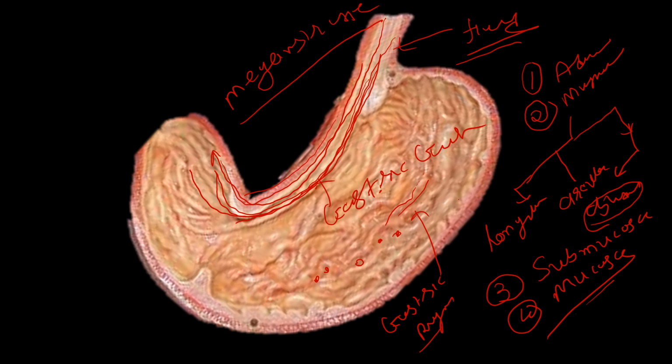The mucosa is tightly adherent to the deeper lying muscular structure, and that's why there are more chances of injury in this Magenstrasse because of the drinking fluid.